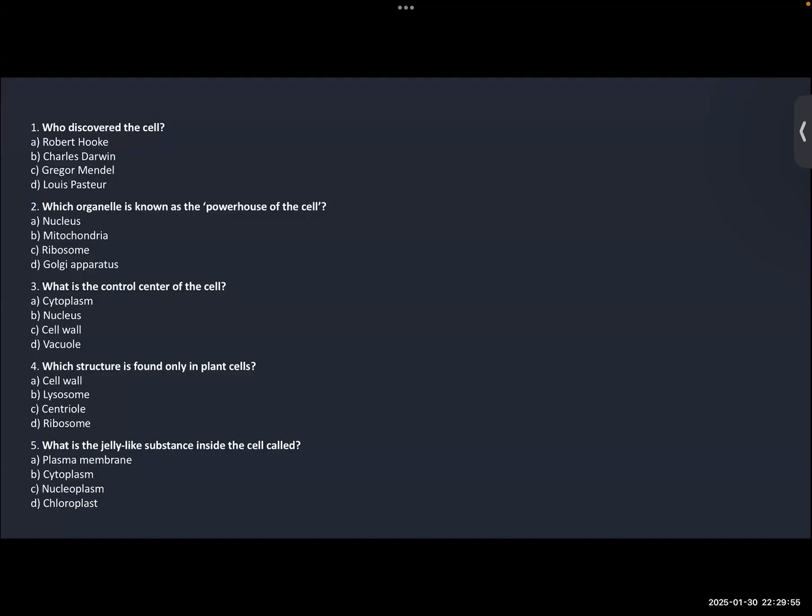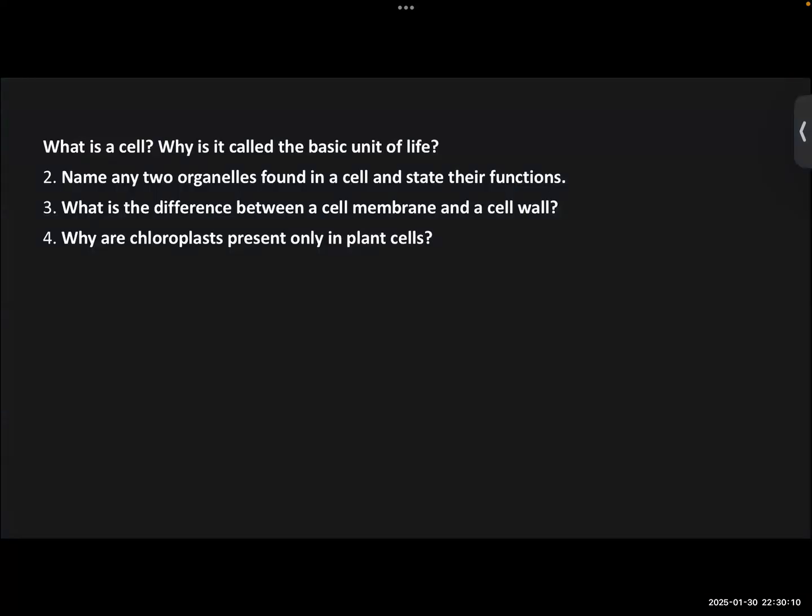Which structure is found only in plant cells? Cell wall. Good. Next. Cytoplasm. Very good. What is a cell? Why is it called the basic unit of life? Vaika, you will answer the first question, Ibrahim the second, and Rami the third question.